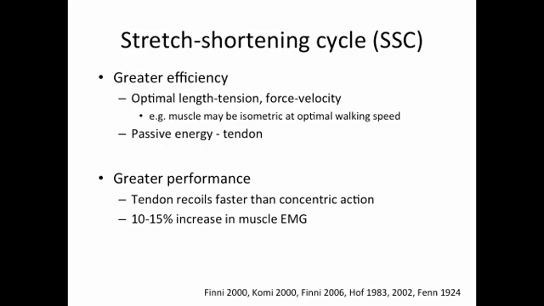You can work in the middle of your muscle length tension. Well, that will depend on some factors that we'll talk about in a second. You can also optimize your force velocity. You can make sure that your muscle doesn't contract too fast to reduce force potential by having a tendon that is contributing to the movement. So you optimize some of these characteristics.